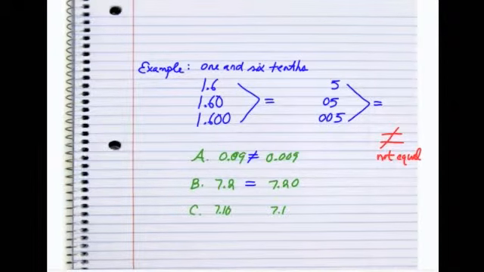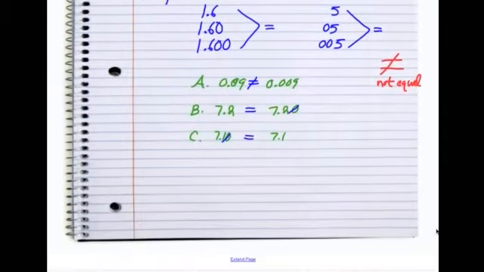So those are equal. Letter C, the same scenario, 7 and 1/10 is equal to 7 and 1/10. Right? The zeros that follow our decimal don't change at all the value of what the decimal is actually worth. So just to make this very clear, 1.27 is the same as 1.270 is the same as 1.2700000, on and on forever, right?